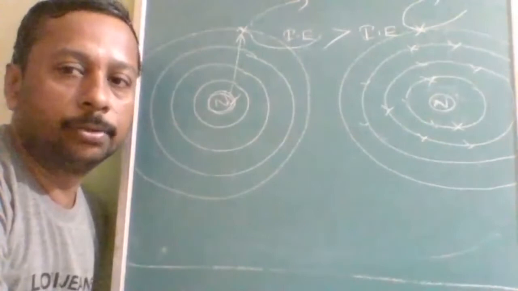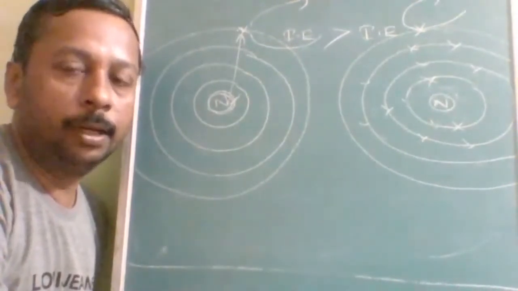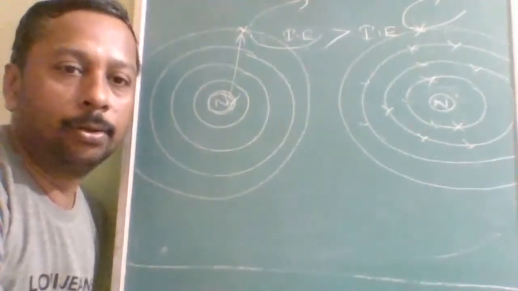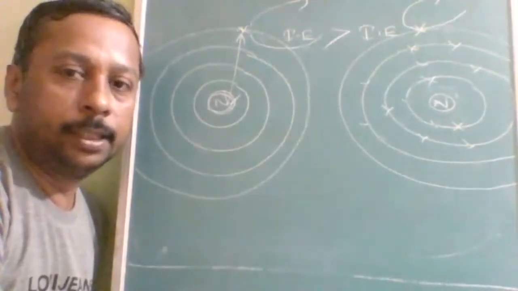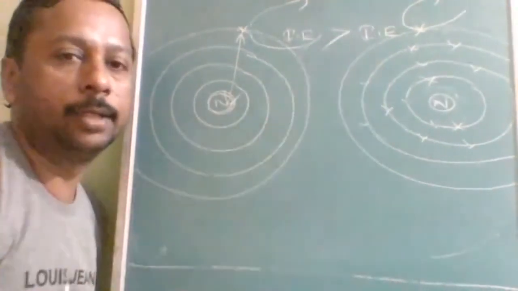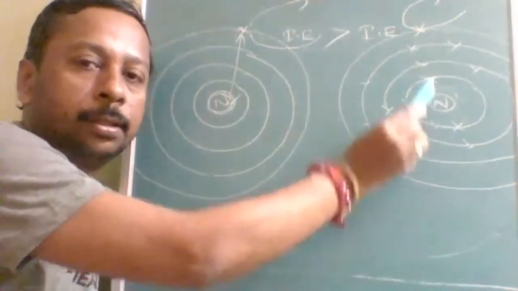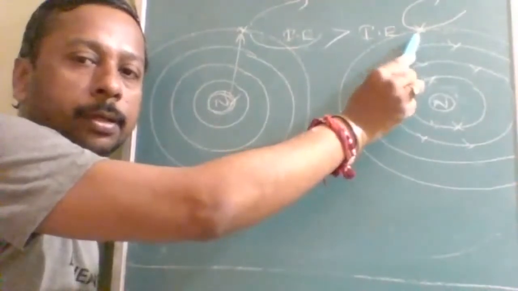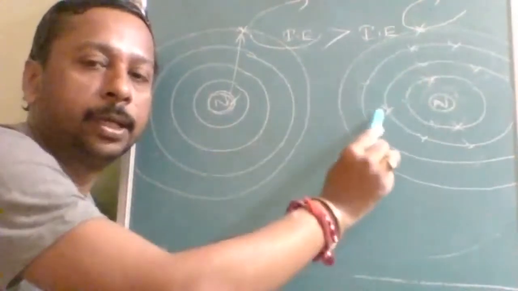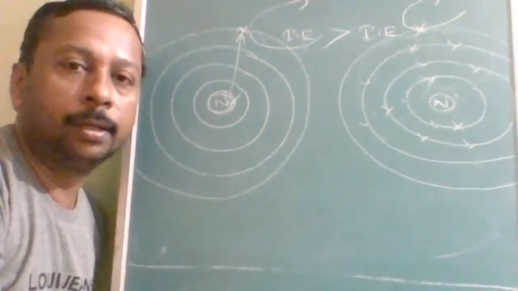Screening effect, is it understood? Screening effect is the decrease in attraction. All of you can write the screening effect definition I am dictating. Write down. Screening effect is the decrease in attraction by the nucleus over the valence electron due to the presence of electrons in intermediate shells.